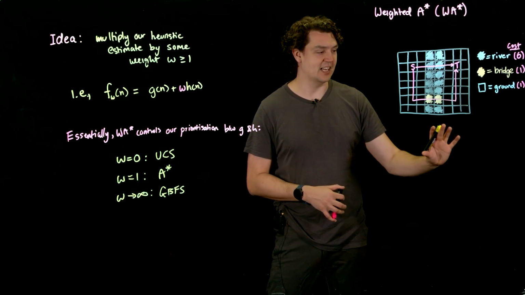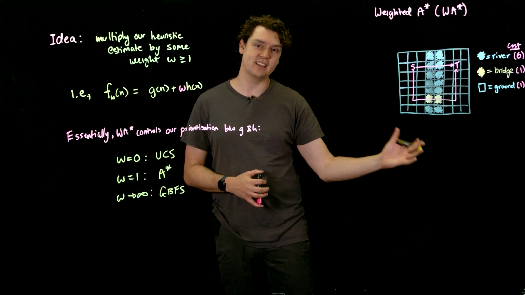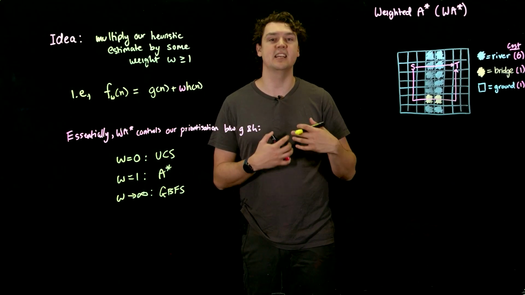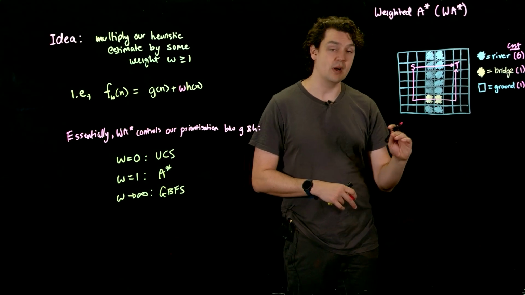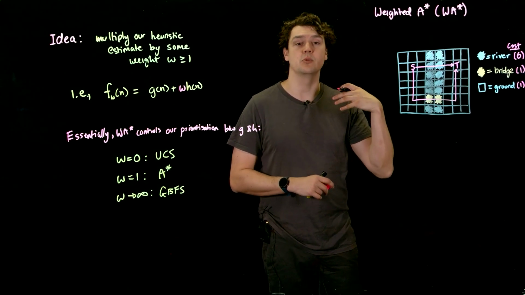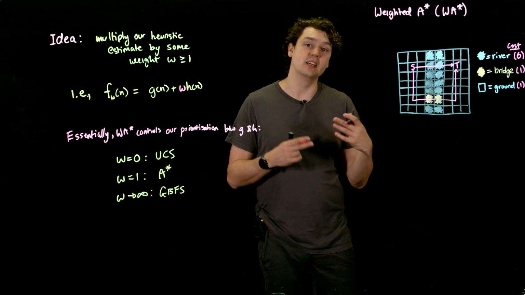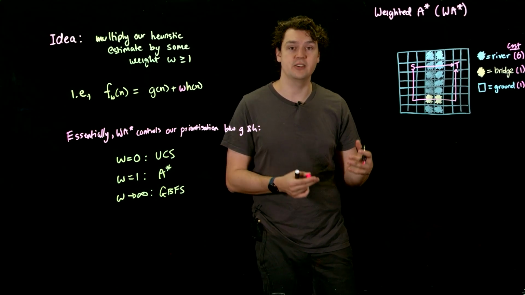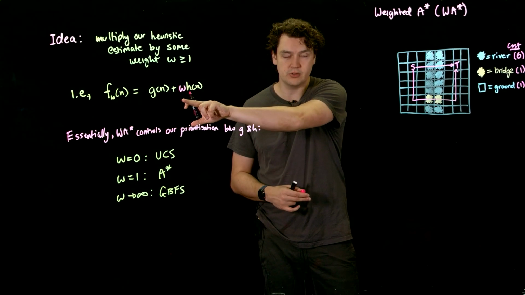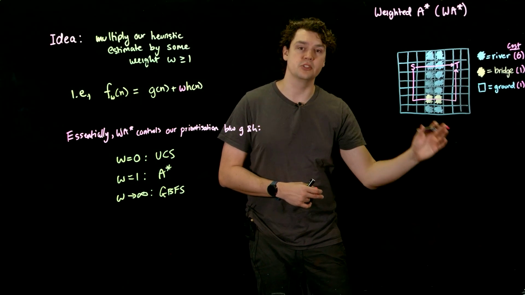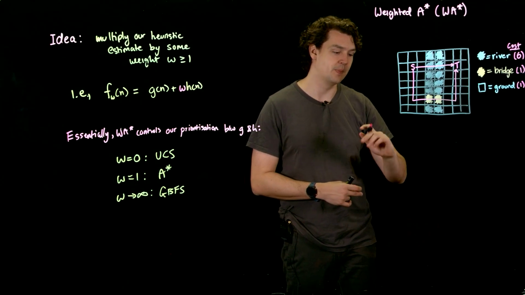Okay, so let's prove that, because that's obviously a very important statement to make, and we can't just take that for granted. So I'm going to write down that weighted A star is providing us with a relative bounded suboptimality. That's exciting. We get to purposely choose W to determine the trade-off we want to make.